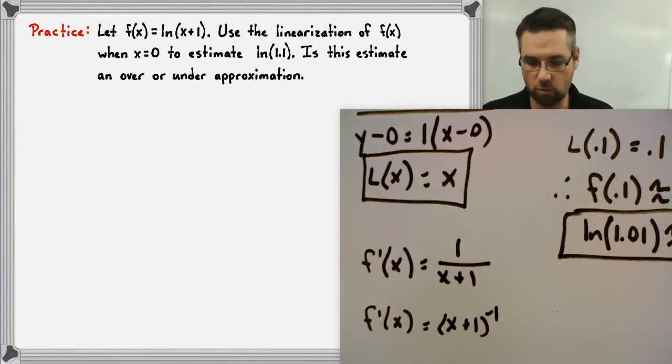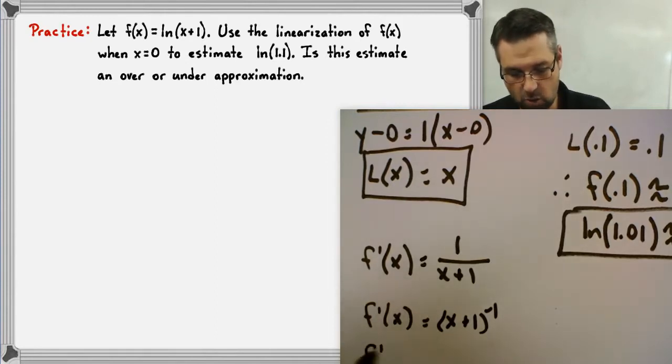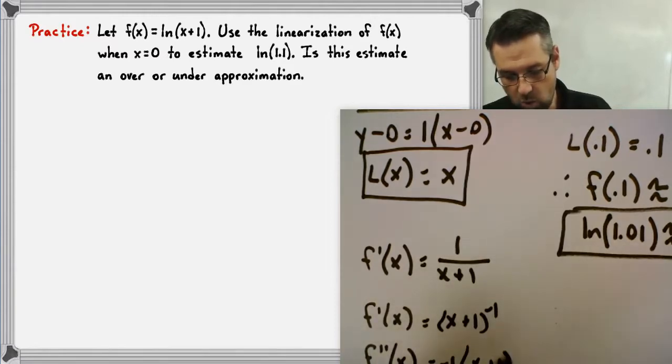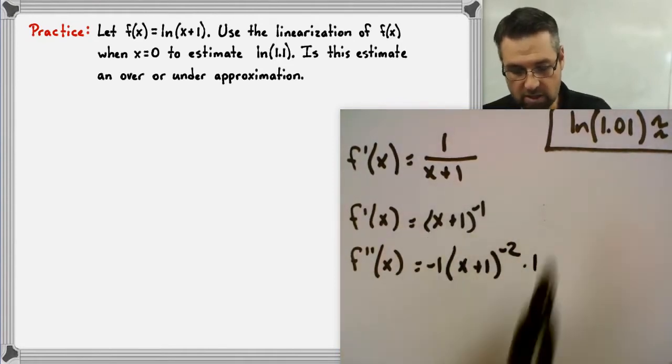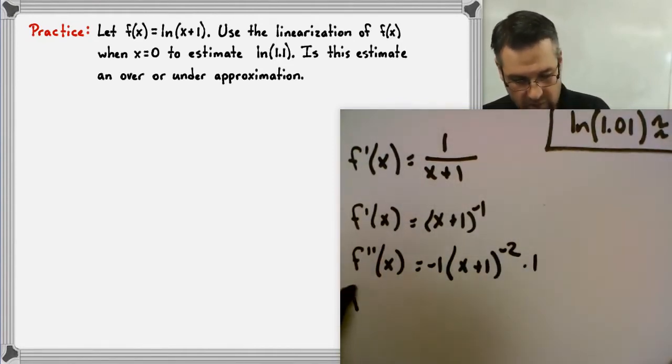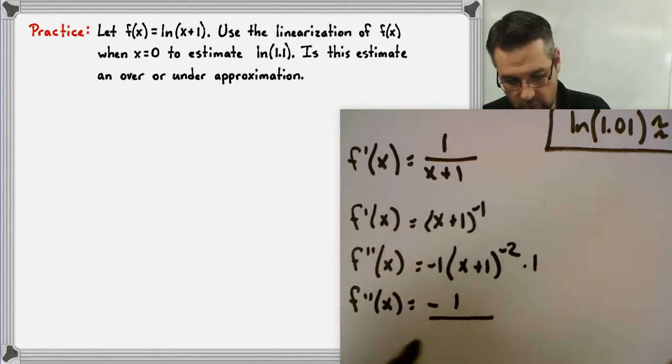Because we know the chain rule, this is a little bit easier to take the derivative of than using the quotient rule. So we would say f double prime of x is going to be negative 1 times x plus 1 to the negative second, and then times 1 because of the chain rule. And we can therefore say f double prime of x is equal to negative 1 over x plus 1 squared.